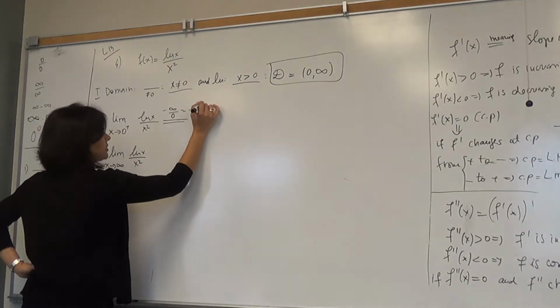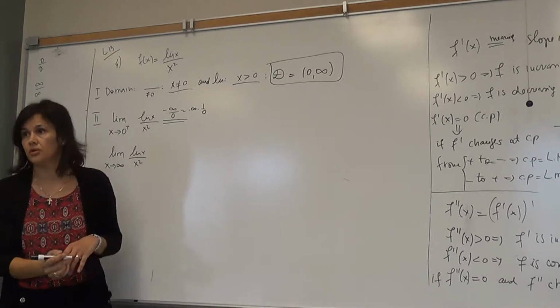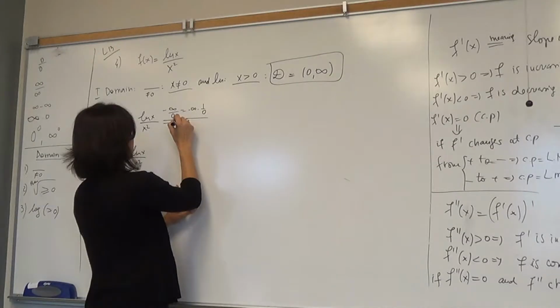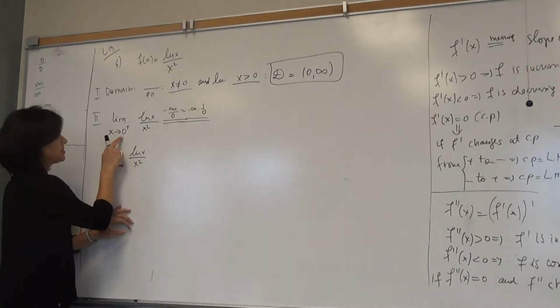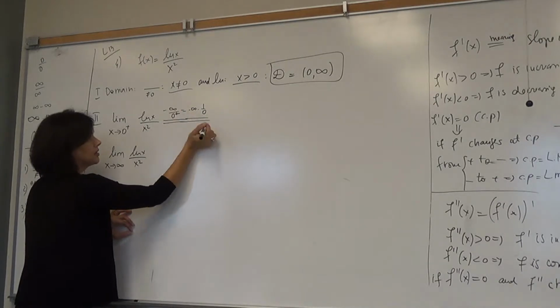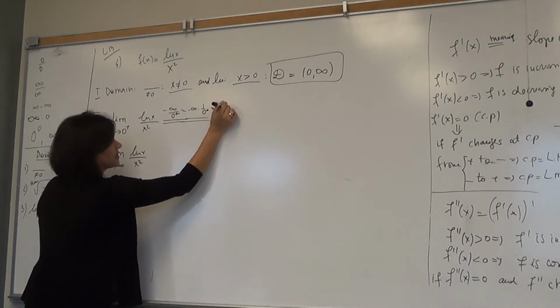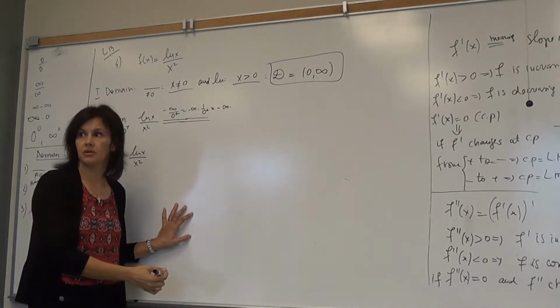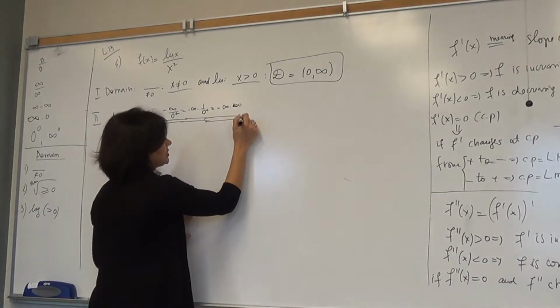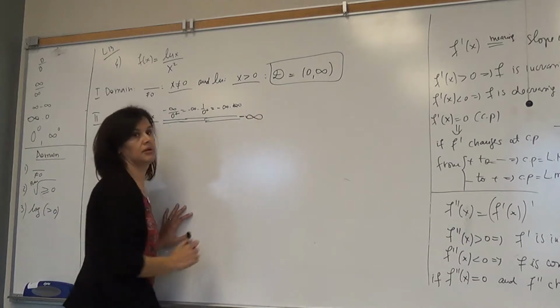No, because this can be written as a product, negative infinity times 1 over 0. 1 over 0 is plus or minus infinity. Actually, 0 from the right, doesn't matter, this is squared, so it'll be positive. So this will be negative infinity times positive infinity, so it'll be negative infinity. This is not an indeterminate case.